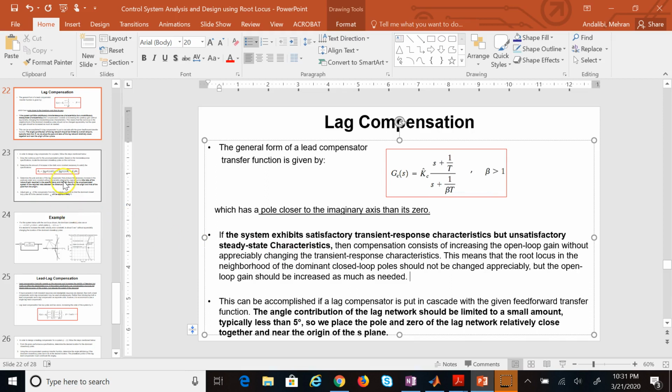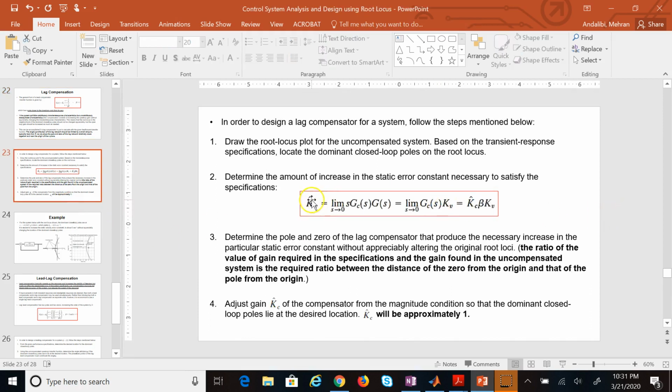why the origin? It comes from the definition of the Kv or Kp or Ka, those error constants. For example, if you look at the response to a ramp and Kv, Kv is the limit of what? s times the open loop transfer function. So if we assume the original system was G, the compensated one is what?